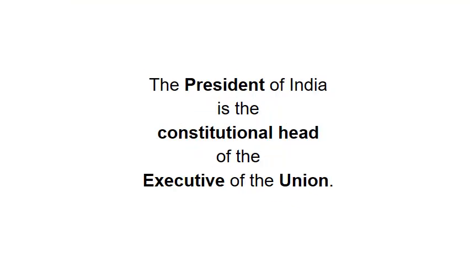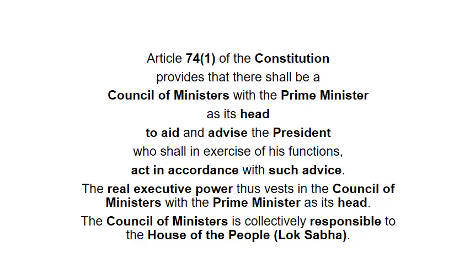The President of India is the constitutional head of the executive of the Union. Union, you just heard me, it is a union of states. Executive, you will know in detail. Article 74(1) of the Constitution provides that there shall be a Council of Ministers with the Prime Minister as its head to aid and advise the President of India, who shall, in exercise of his functions, act in accordance with such advice.